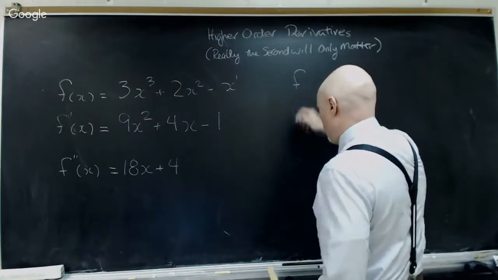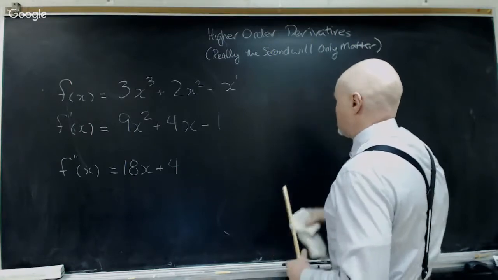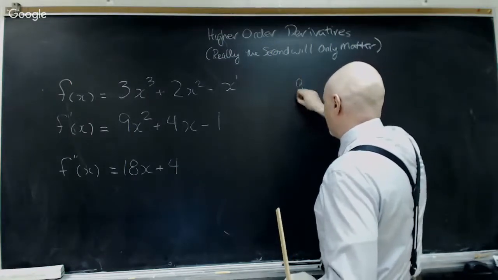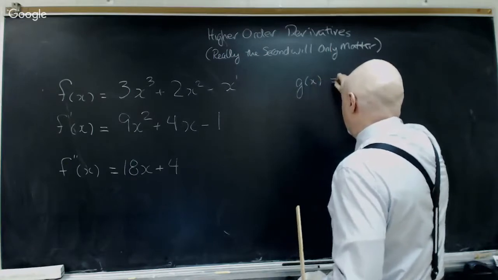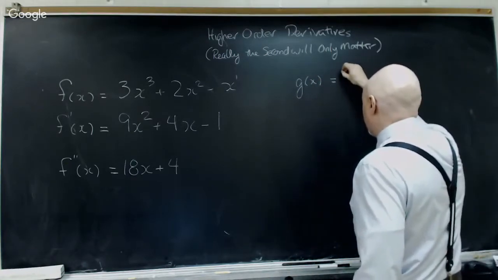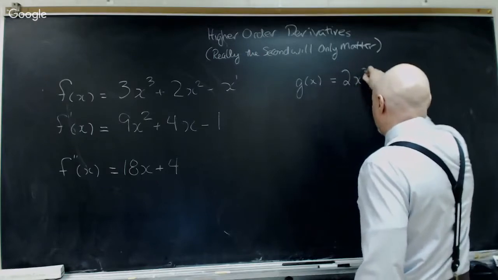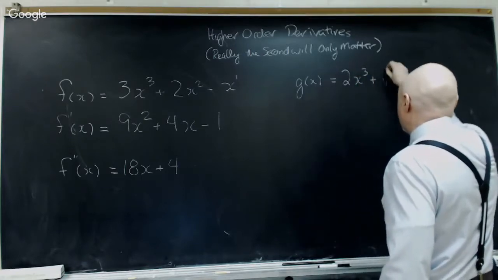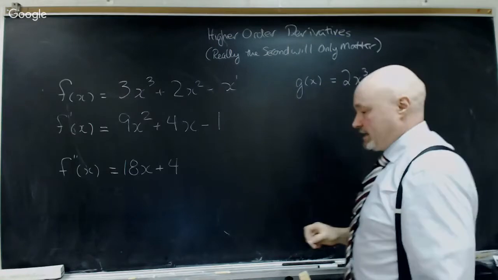Okay, so let's call this one g of x, just so that we can keep them sorted out. So g of x is equal to 2x cubed plus the square root of x.